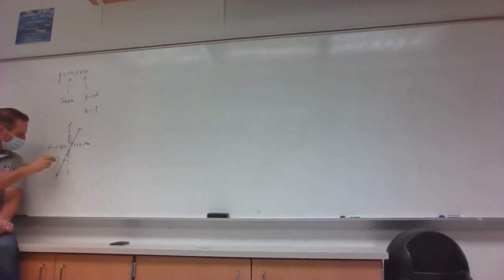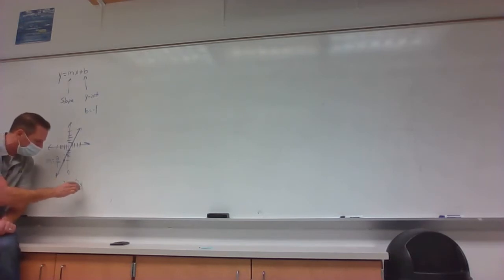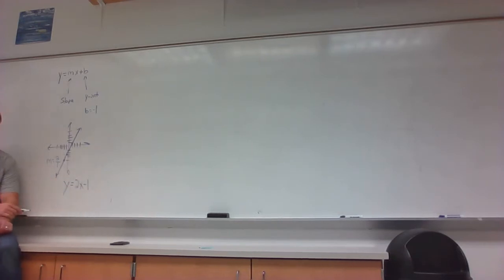So our rise is 2, our run is 1. 2 over 1 is our slope, which is just 2. So when we write the equation of a line, we get y equals 2x minus 1. We just wrote our equation in slope-intercept form. We plugged in the slope, we plugged in the y-intercept. Okay?